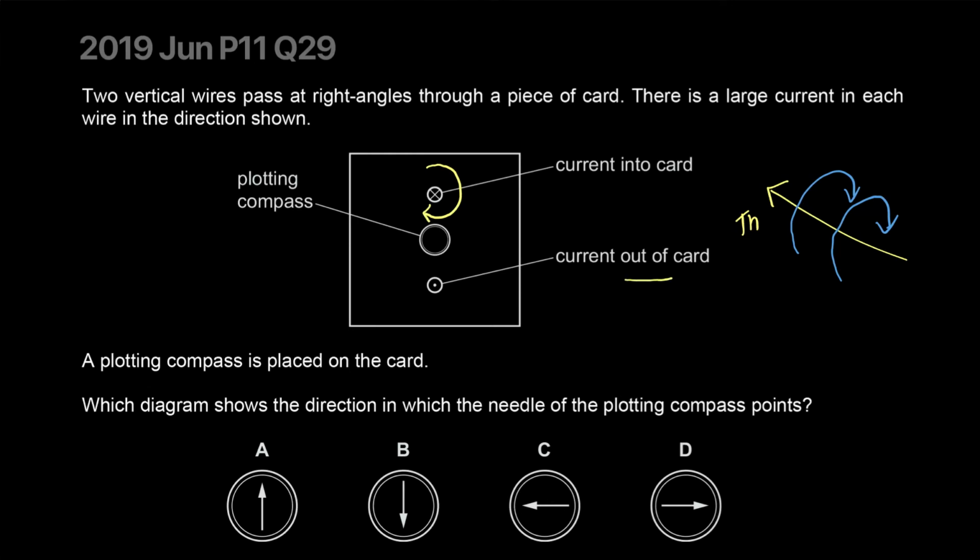And over here the current is out of the page, so if the arrow is pointing towards me, pretty obvious, right? Like that. So the correct answer is C. C is pointing like that. Pretty obvious. Okay, straightforward, simple stuff.